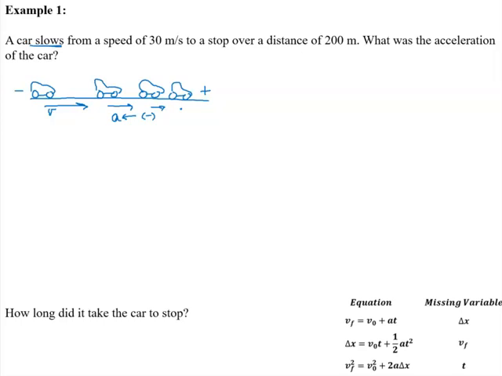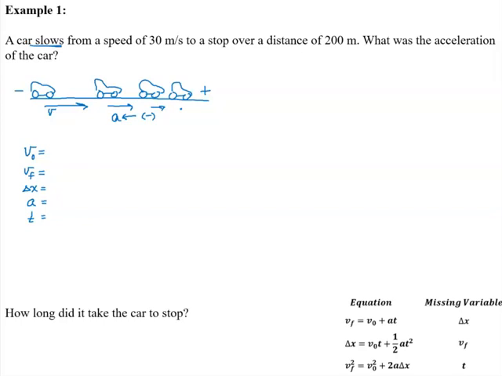My next step is I am going to list my variables. So I have my initial velocity, my final velocity, my displacement, acceleration, and time. And again, get used to writing these in the same order every time. It'll just make it easier for you in the long run.